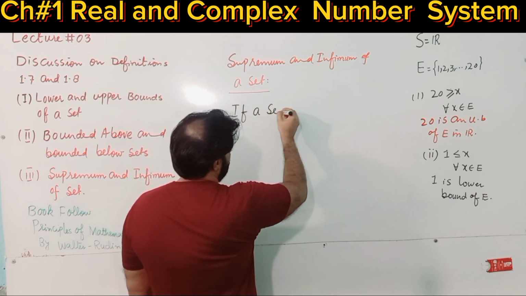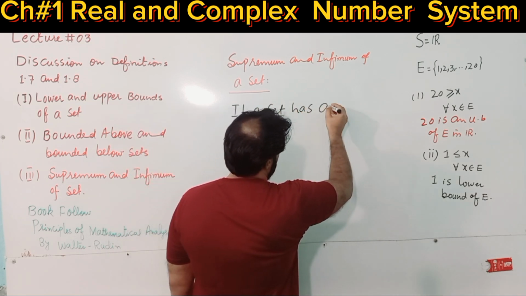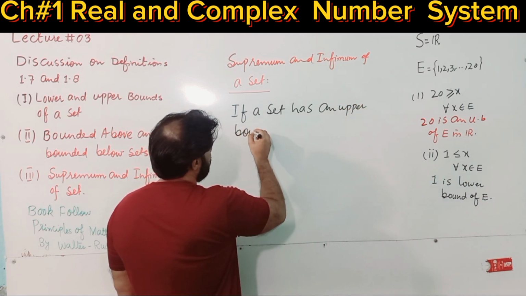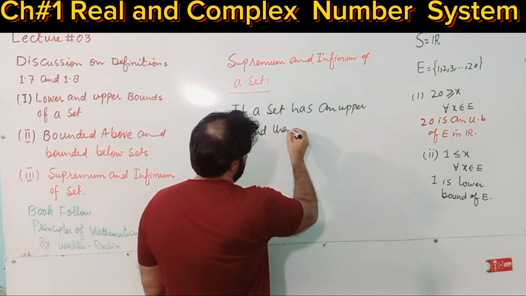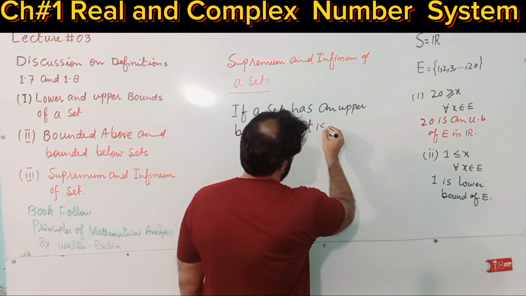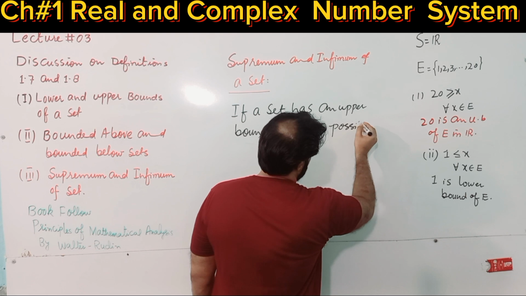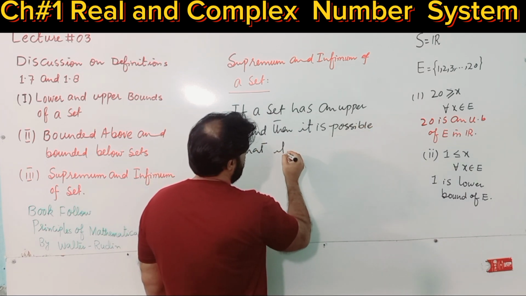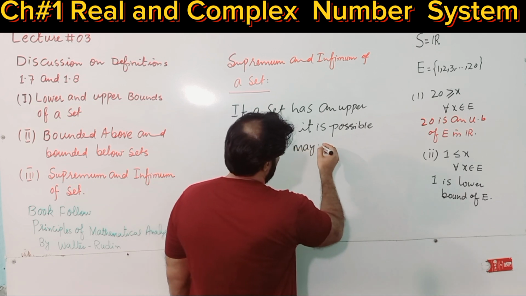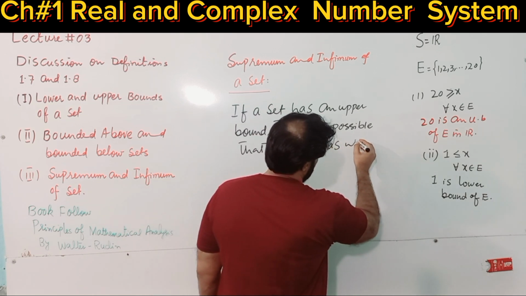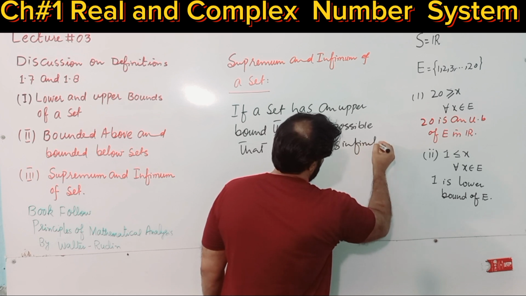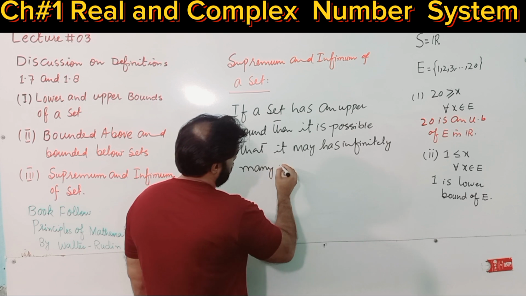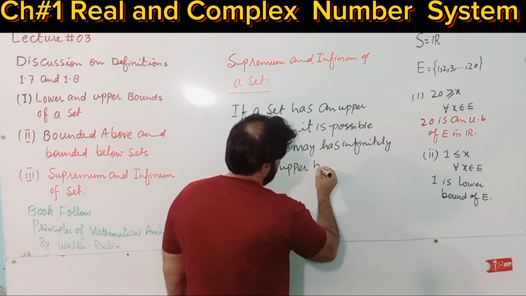If a set has an upper bound, then it is possible that it may have infinitely many upper bounds.